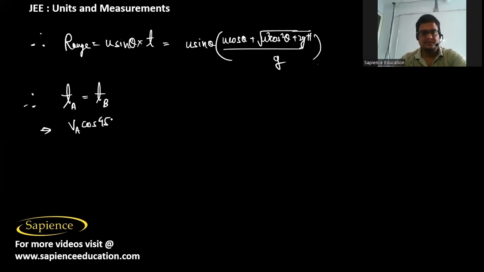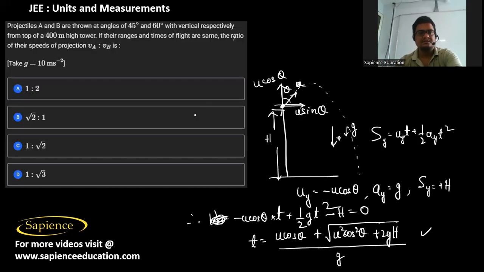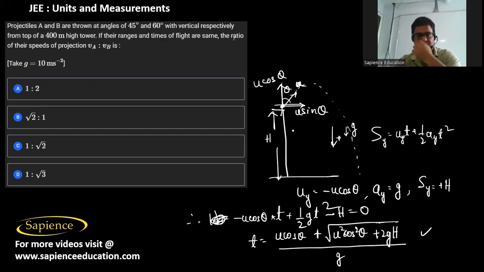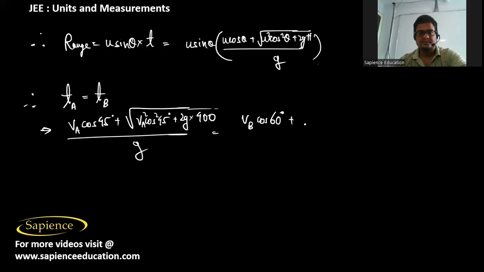So that will be VA cos 45 degrees plus square root of VA square cos square 45 degrees plus 2g into 400, since height is 400, divided by g, equal to VB cos 60 degrees plus square root of VB square cos square 60 degrees plus 2g into 400, divided by g.